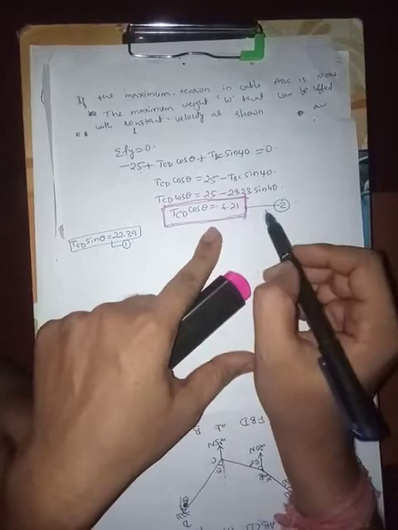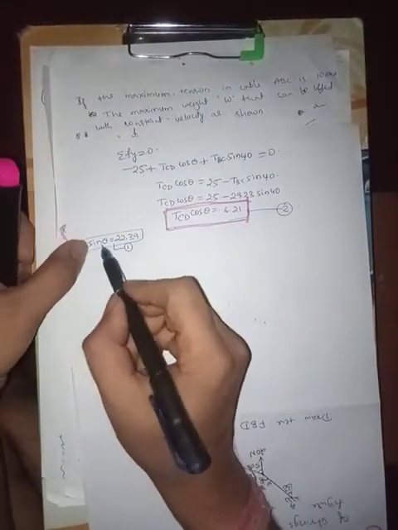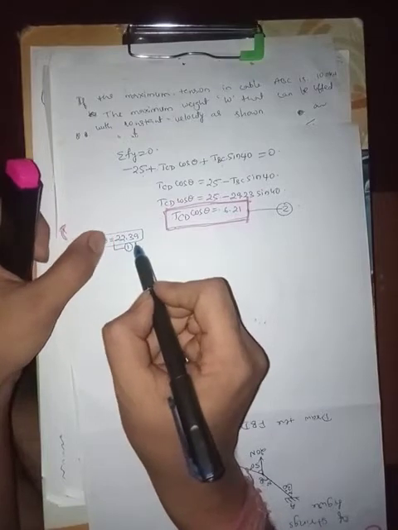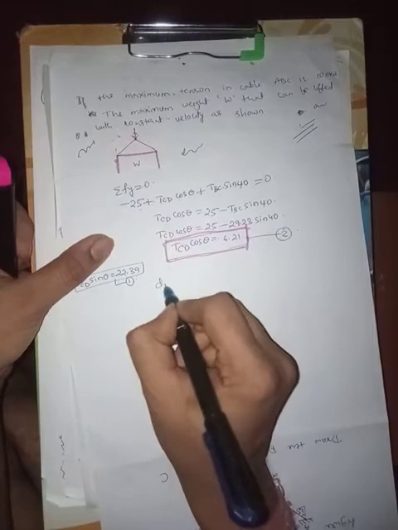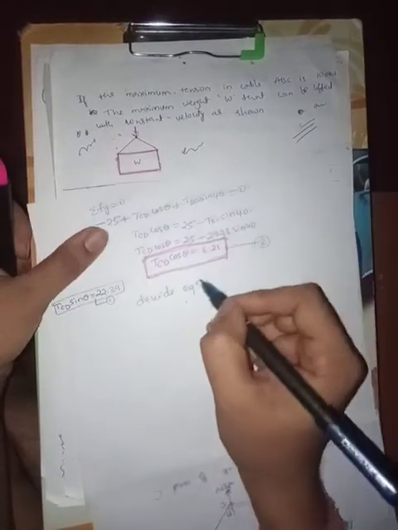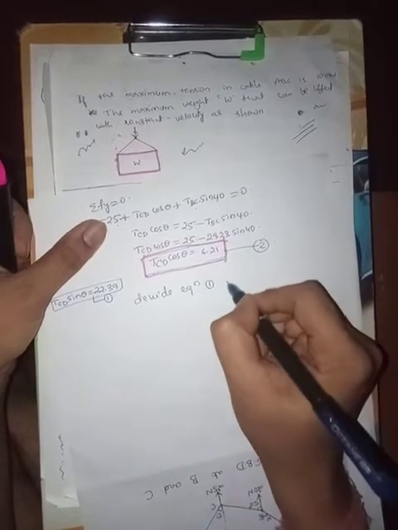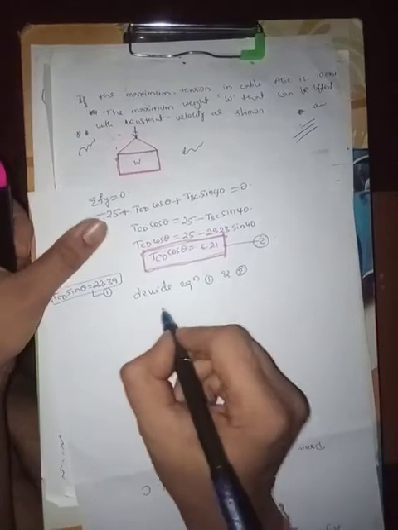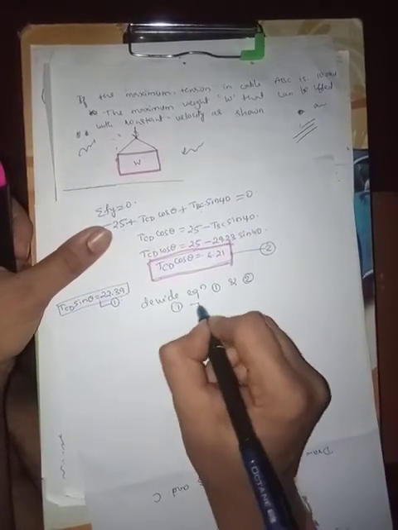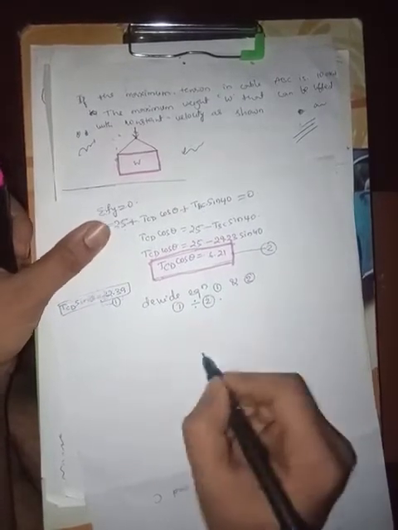I named it as equation 2. We already found equation 1, that is TCD sin theta is equal to 22.39. So I do one thing, divide equation 1 by equation 2.